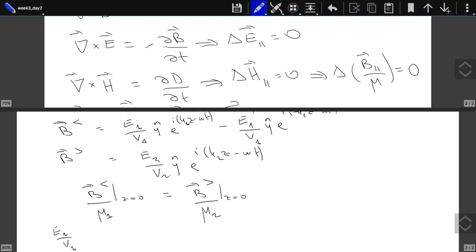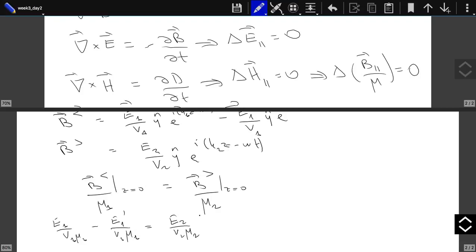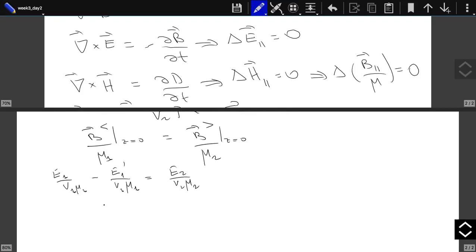What I will be left with is E1 over V1 mu1 minus E1 prime over V1 mu1, and this should be equal to E2 over V2 mu2. Or let me rewrite this: E1 over V1 mu1 should be equal to E1 prime over V1 mu1 plus E2 over V2 mu2.